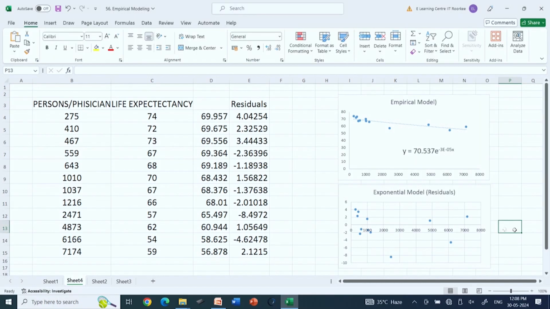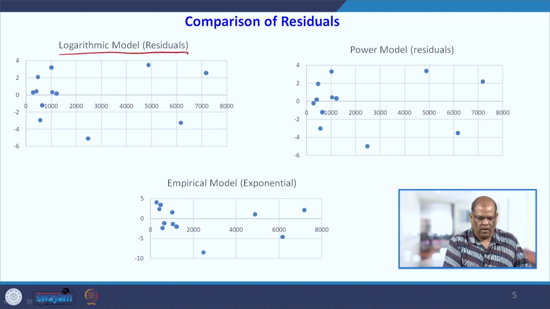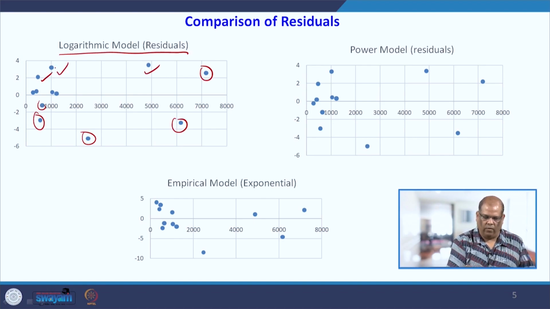Let me now go back to the slides and quickly explain the trends. So, let us quickly compare the residuals which we already calculated in our spreadsheet. As explained, in the logarithmic model, you can see that 1, 2, 3, 4 and 1, 2, 3, 4.